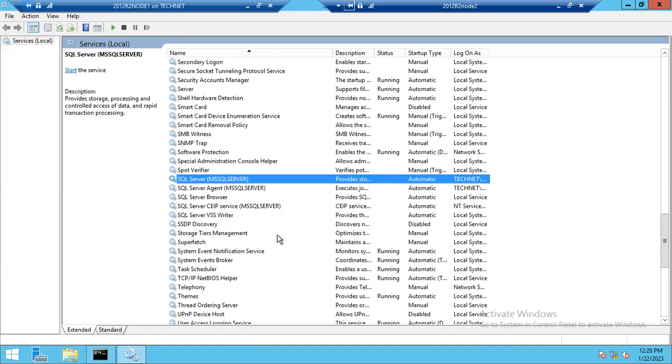These two scenarios I'm pretty clear about. First, the log file is full because the secondary is not available. Second, the secondary is not available because the SQL service on the secondary node is down, right? The SQL service is down on the secondary server. Okay, two scenarios I understood. Now let's go ahead and start the SQL service and see.